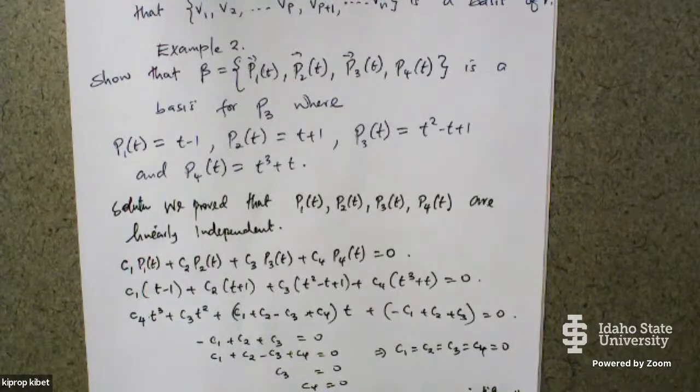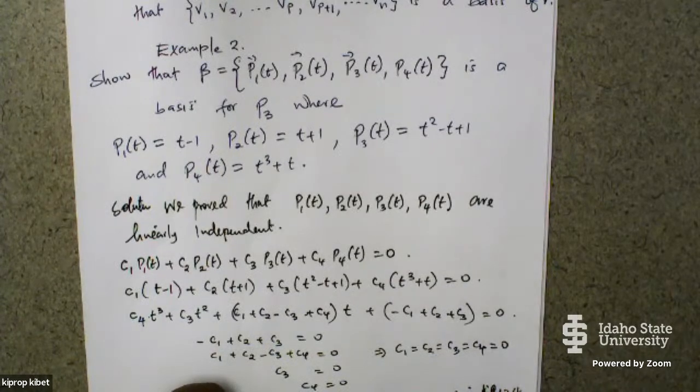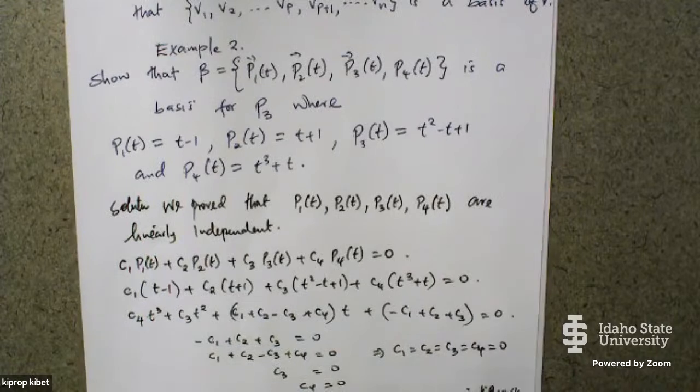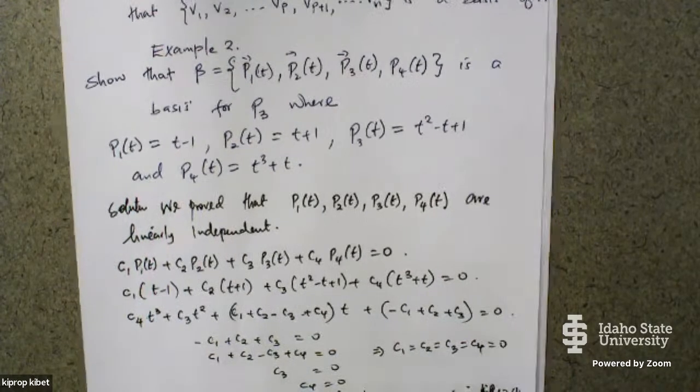So basically the dimension is equals to 4. Then B is a basis of P3. So since it is a dimension, we have all bases here. So therefore, B is a basis of polynomials of order 3.